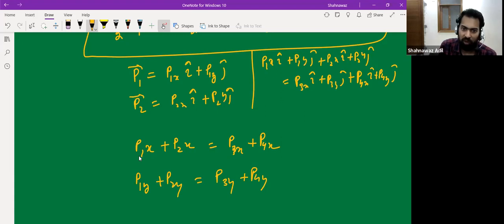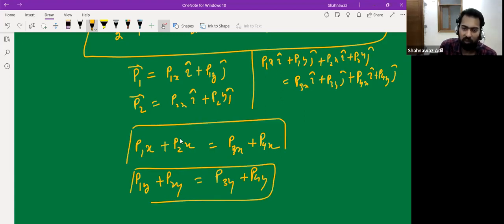And you can already see from here that P1x will be P.